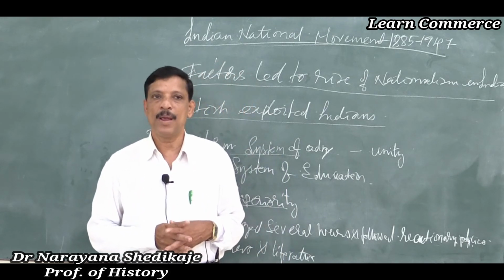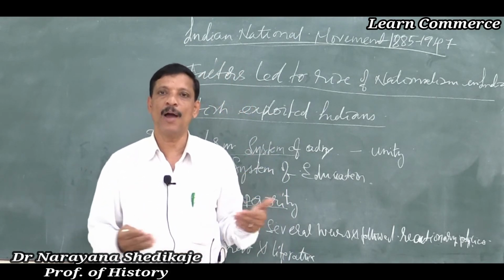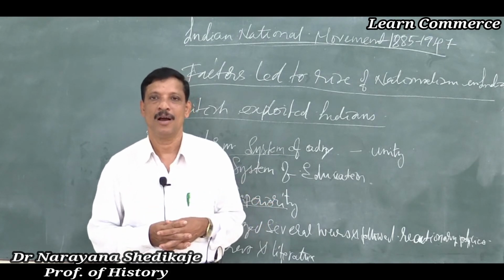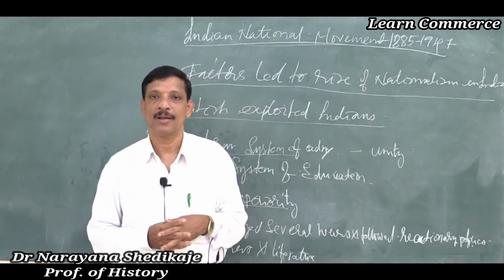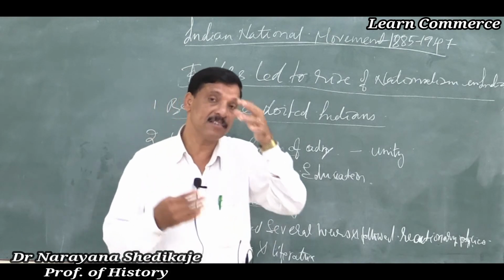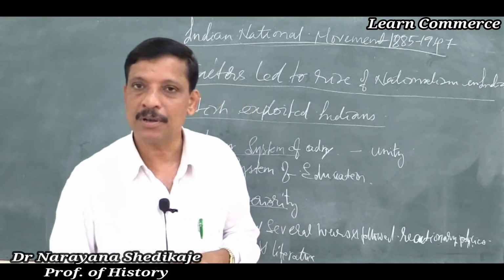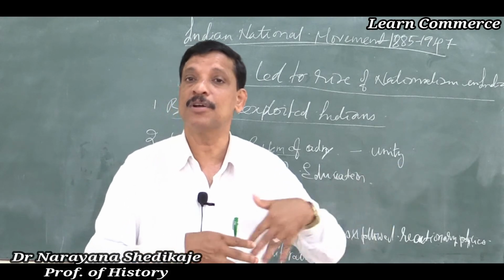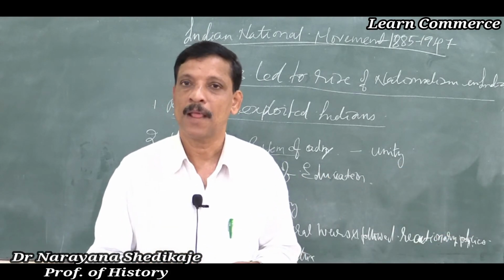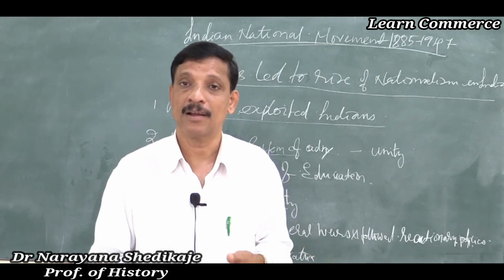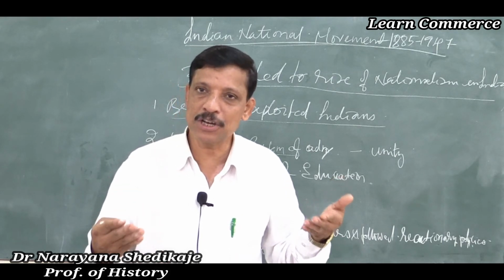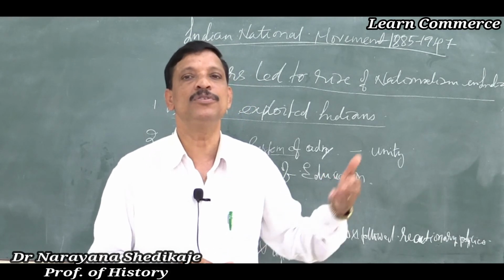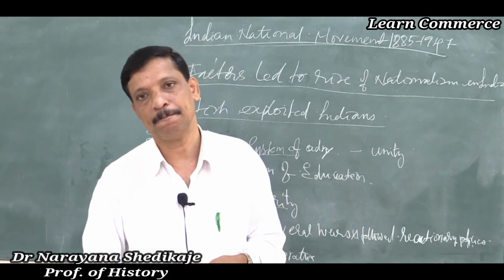Earlier, people never knew about the British rule, what was the nature of British rule, how they were treating the people. Because nobody could speak against the British, and even if they spoke, it may not have reached the masses. What exploitative measures were adopted by the British were not known to the common people of India.